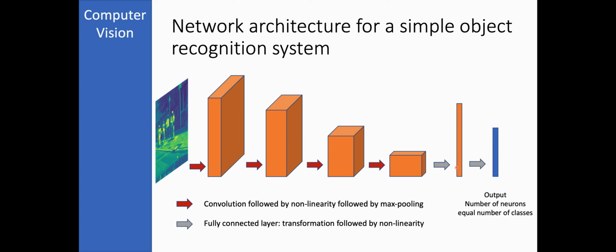And it's important to use a fully connected layer here for the task of recognition, because if I want to recognize an object in this image, I basically need to have access to all the information in it. And this fully connected layer ensures that each of these decisions has access to all the information in the image.